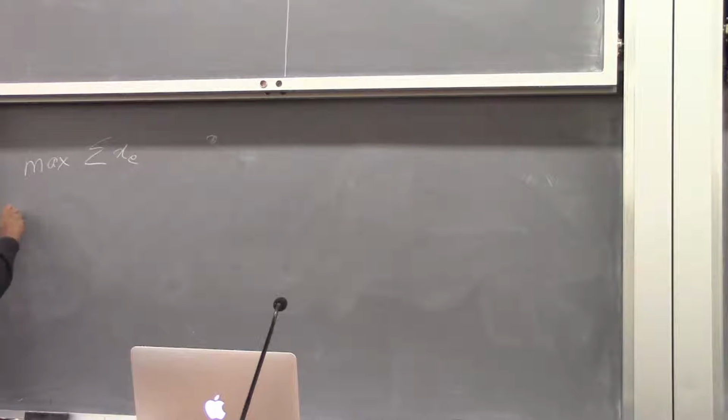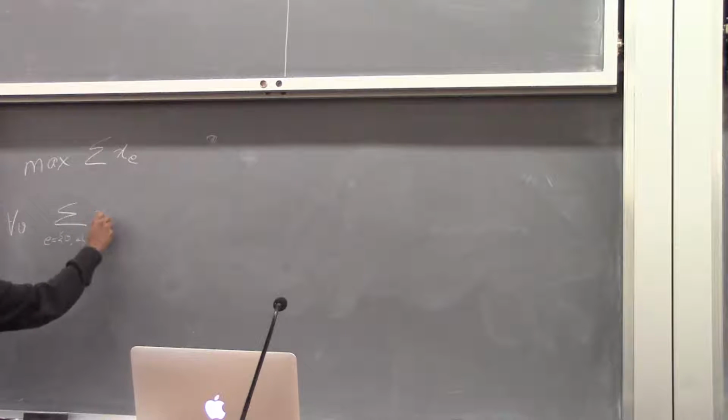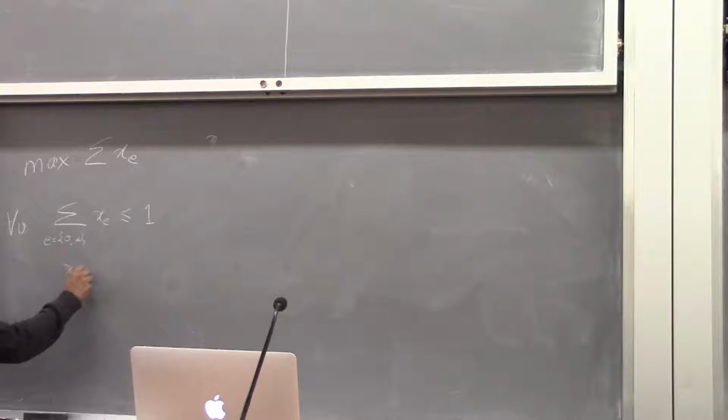So for all V, the sum over E in V star, which I'm writing in shorthand to indicate all edges coming out of V, there's no direction here, XE is less than or equal to 1. Okay? And of course XE belongs to {0,1}.